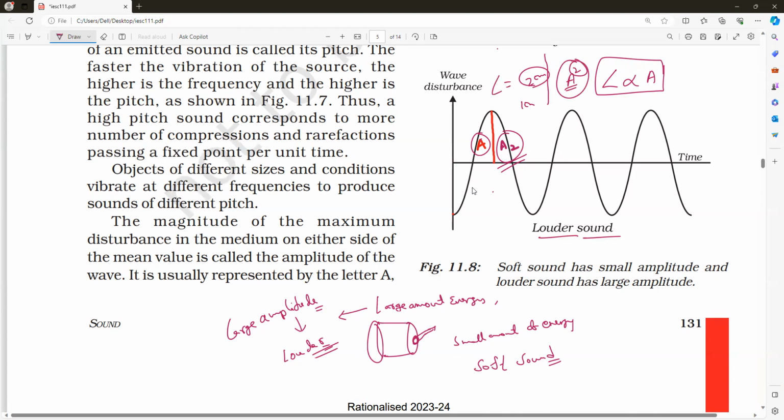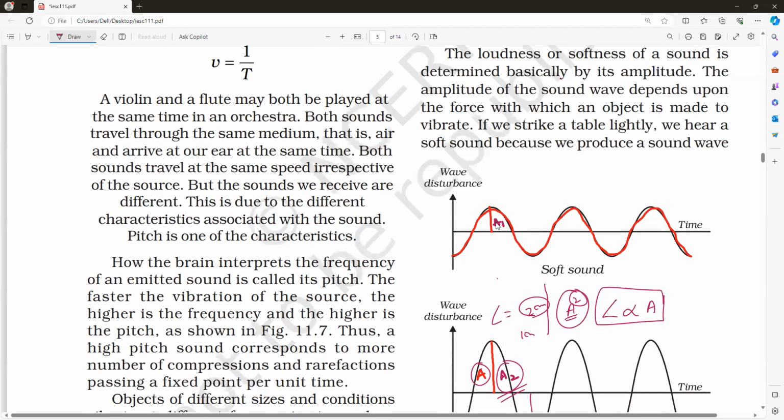Whether you are hitting with a small amount of energy or a large amount of energy, a louder sound indicates greater amplitude, and a softer sound indicates smaller amplitude. Do you all understand, guys? Please respond.